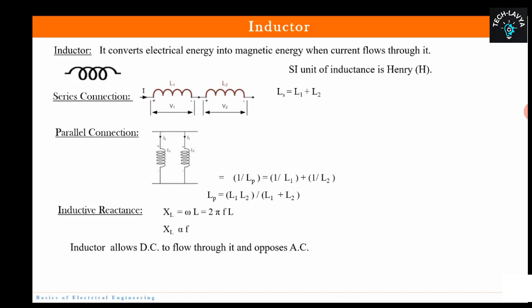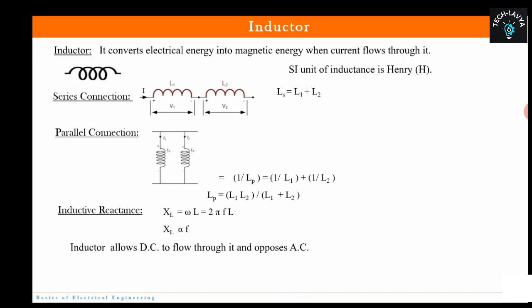Now we know how a series connection looks like and how a parallel connection looks like. When you talk about the series and parallel connection of an inductor, the relationship is exactly the same as that of a resistor.